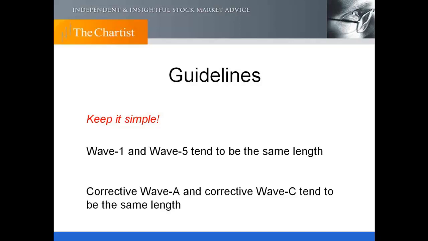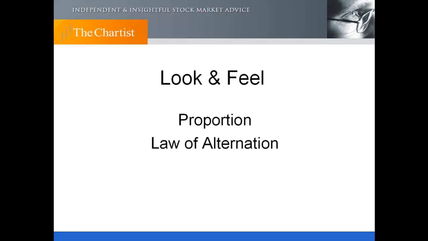Not perfectly, not all the time, but a lot of the time. And remember, what we've got to think here is that the more often things come to typical levels of retracement or achieve typical patterns, the more likely the pattern's going to be correct and we'll move on. So when I talk about typical, I'm talking about in price and in time.